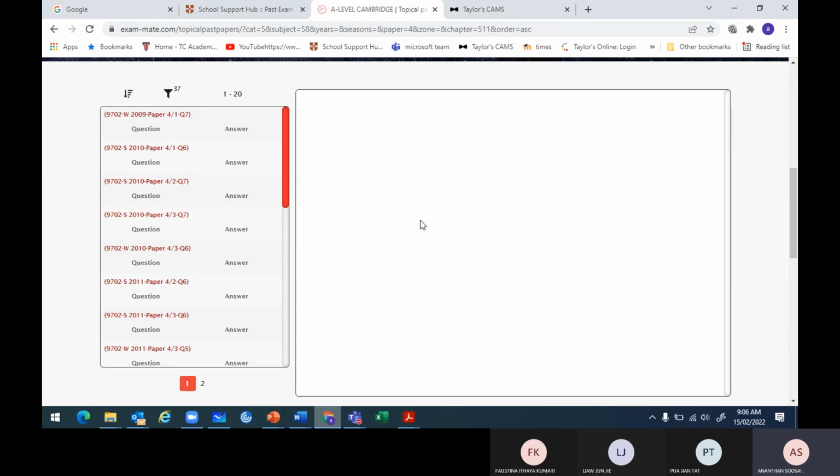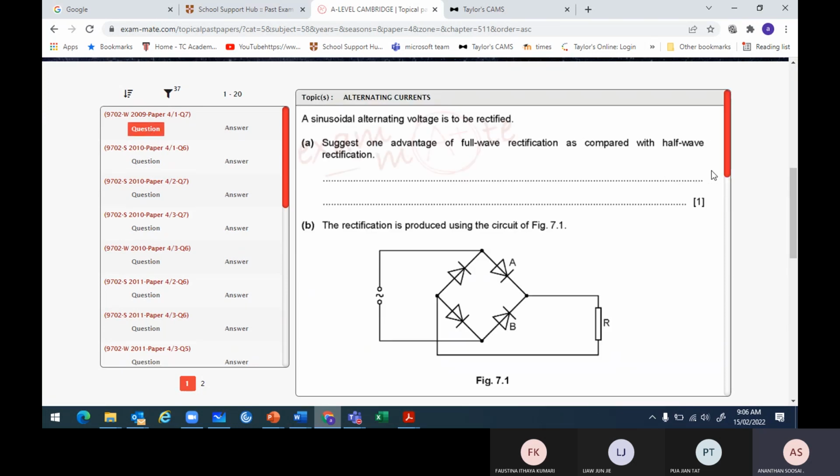Okay, so recall back, how are you going to do these questions? Just get the first question. Suggest what advantage of full wave rectification as compared with half wave rectification. What is the advantage of full wave compared to half wave?